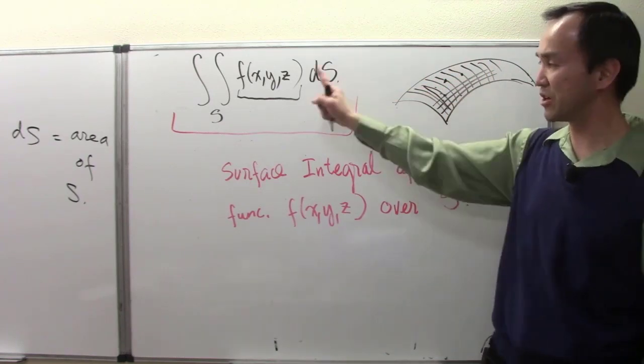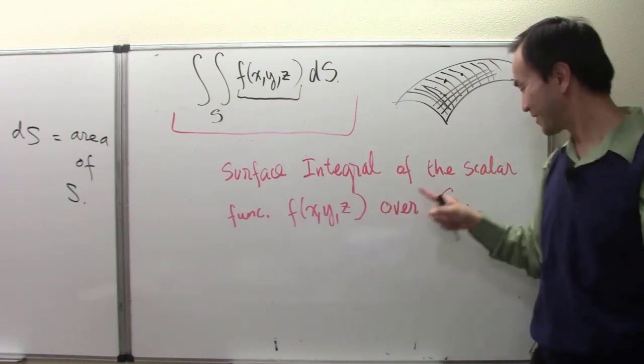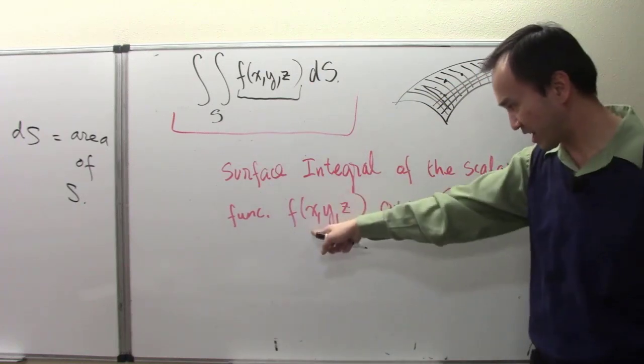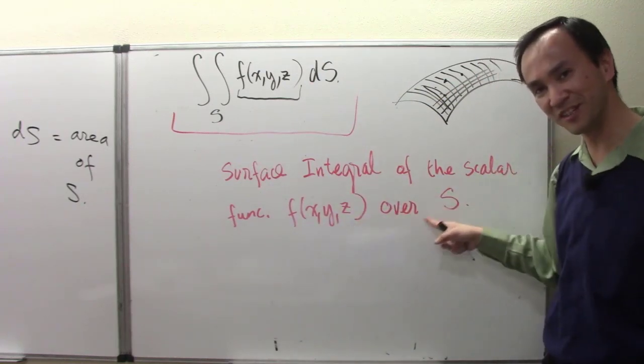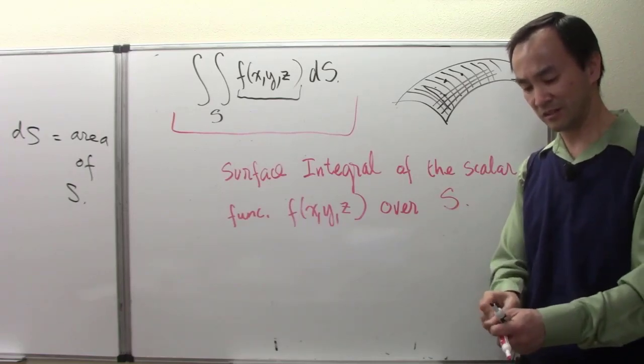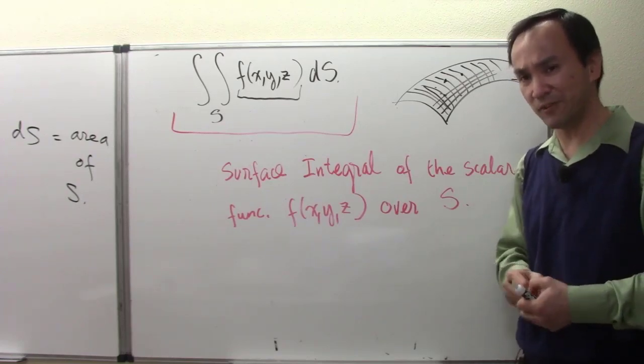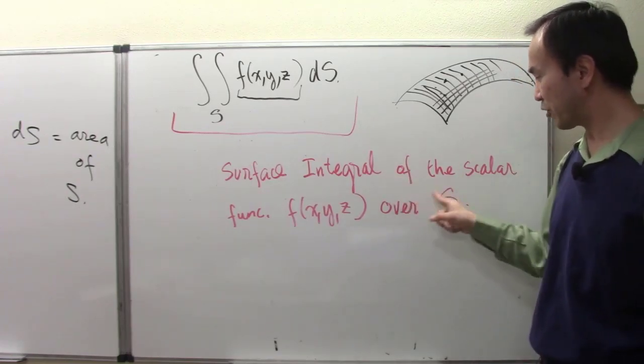And that's how we produce what's so-called the surface integral of the scalar function f of x comma y comma z over the surface S.